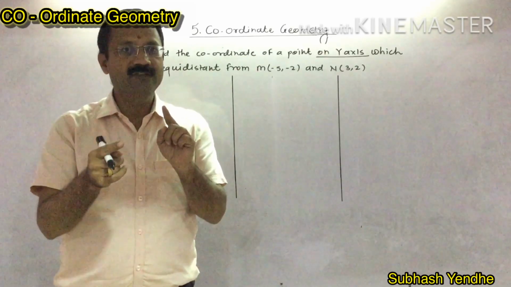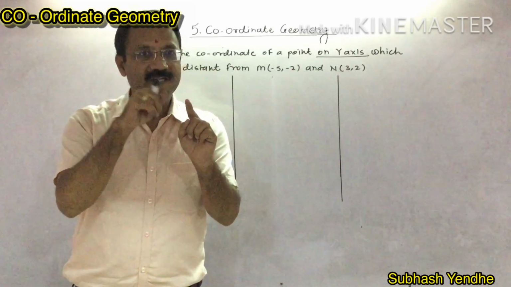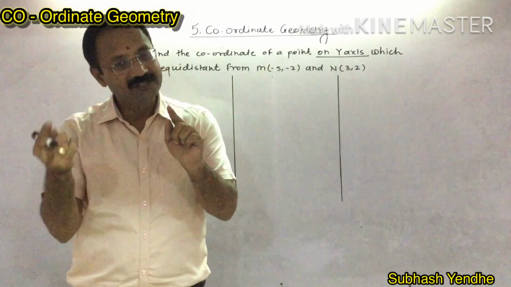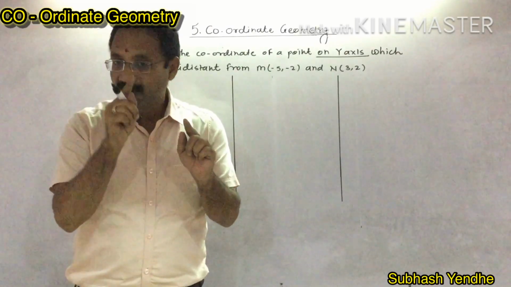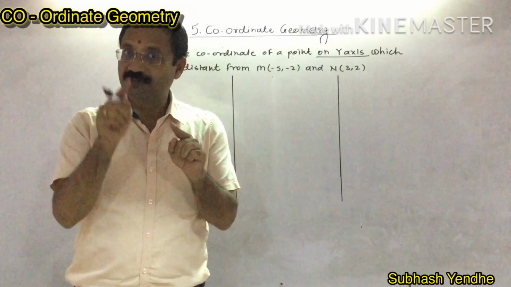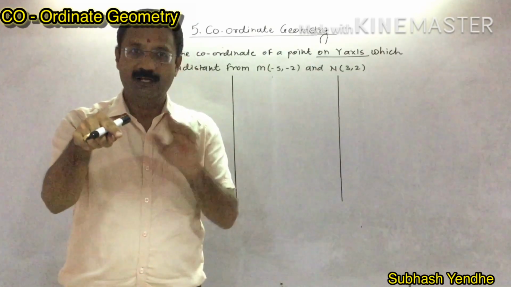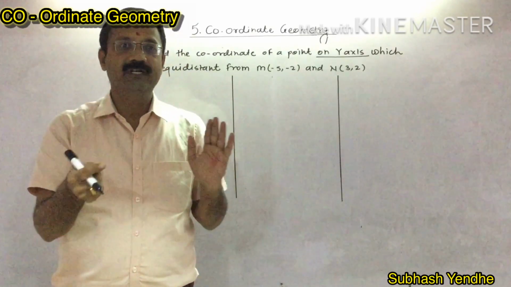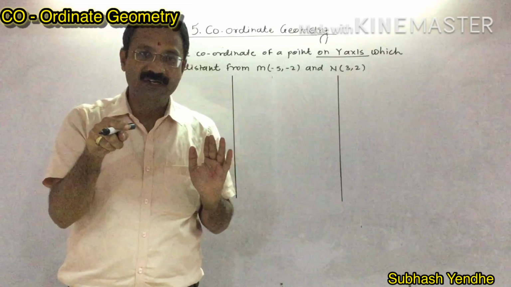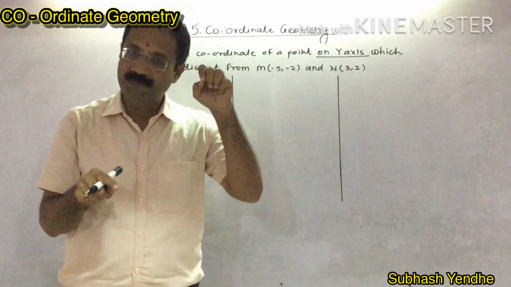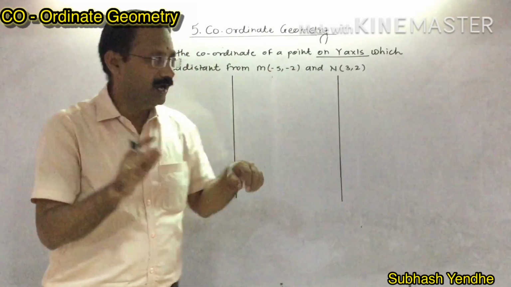If the point lies on the x-axis, then its coordinates are x and 0. If it lies on the y-axis, you have to take the coordinate of y, not from x. If it lies on the x-axis, you have to take the coordinate of x, not y.